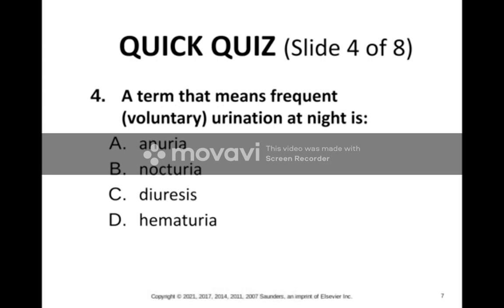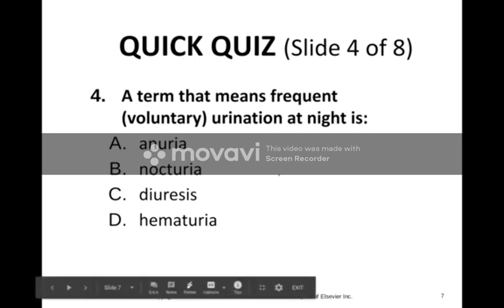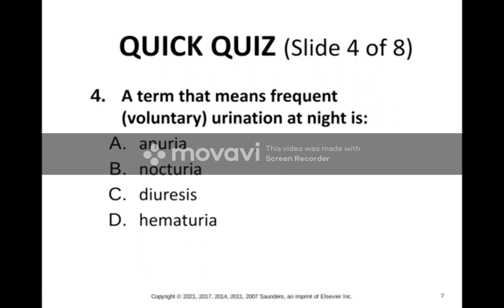Okay, so what do we think a term that means frequent voluntary urination at night is? So that means that we have control over it. So it's not uncontrolled or involuntary. Would it be anuria, nocturia, diuresis, or hematuria? So I bet you guys can figure that out, right?